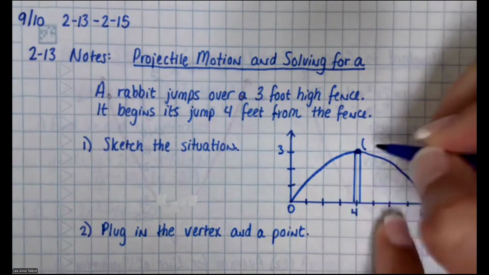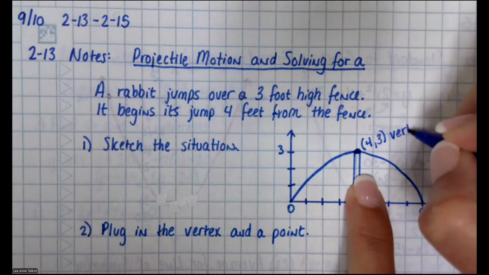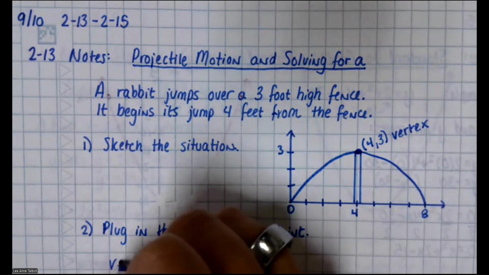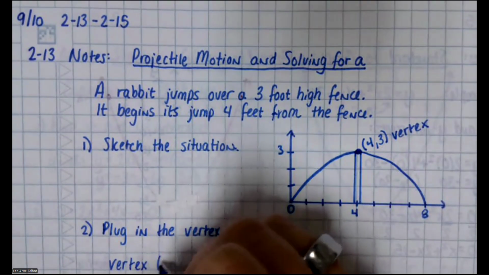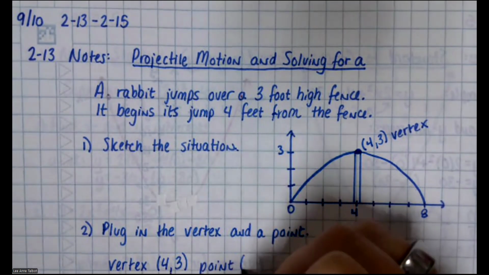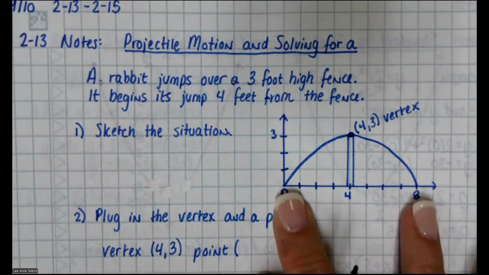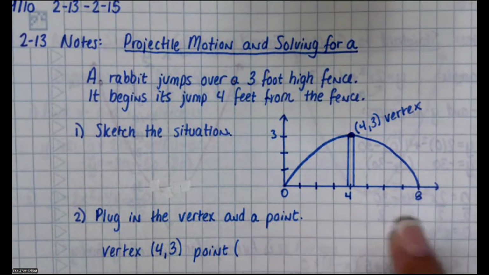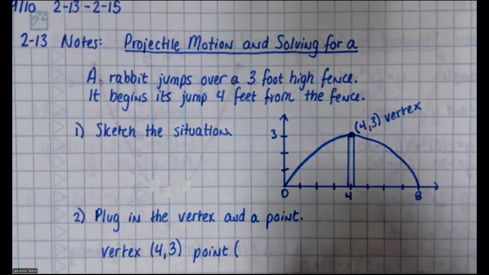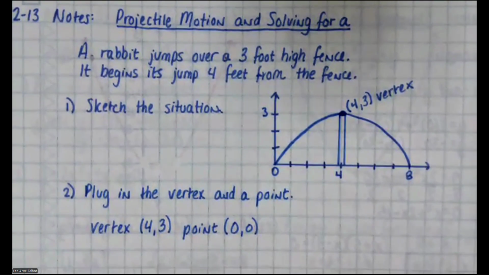We're going to label it 4, 3. There's 2 other points you can choose from that are on this parabola. You can choose 0, 0, or 8, 0. I'm lazy, so I'm going to choose 0, 0 just because I can. That's pure laziness.